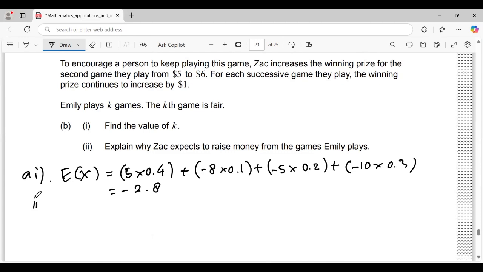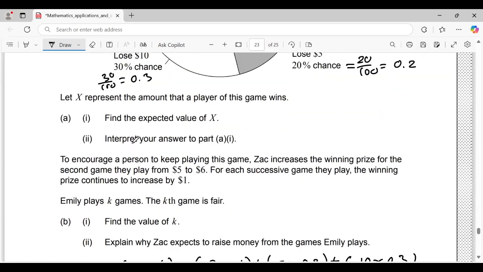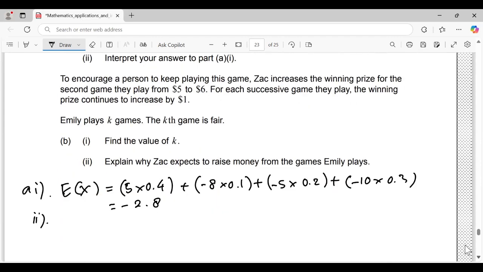Part 2. Interpret your answer to part A1.